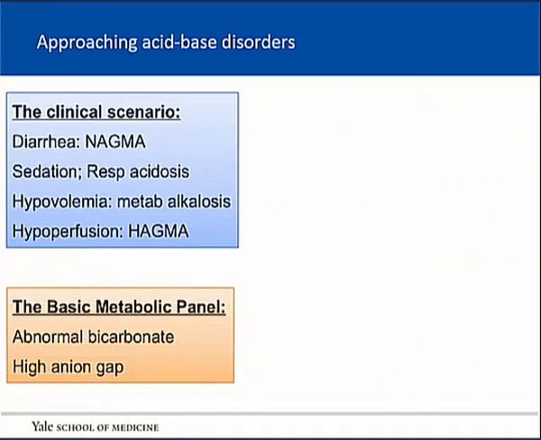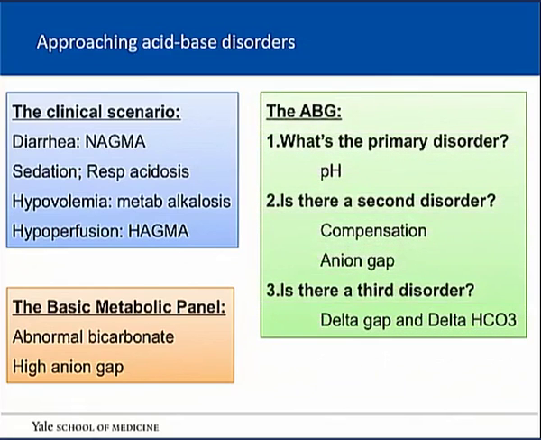The second step is you look at the BMP, and if you see an abnormal bicarbonate or a high anion gap, there is an acid-base disorder. You need to go find it out, okay? Sometimes those are normal, but in most cases when there is an abnormality in bicarbonate or in the anion gap, you have to go look for an acid-base disorder. And finally, you have to look at the ABG.